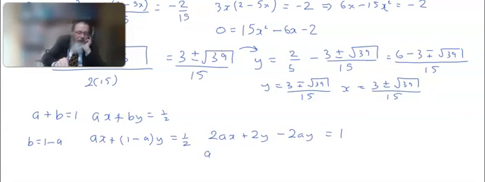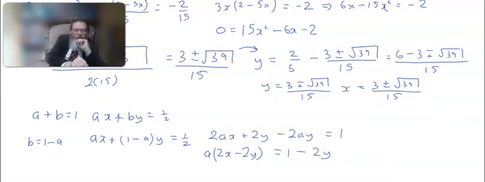And so I get a lots of 2x minus 2y is 1 minus 2y. And all I have to do now is to choose one of the two values of x and put with it the corresponding value of y, and that will help me solve my problem.